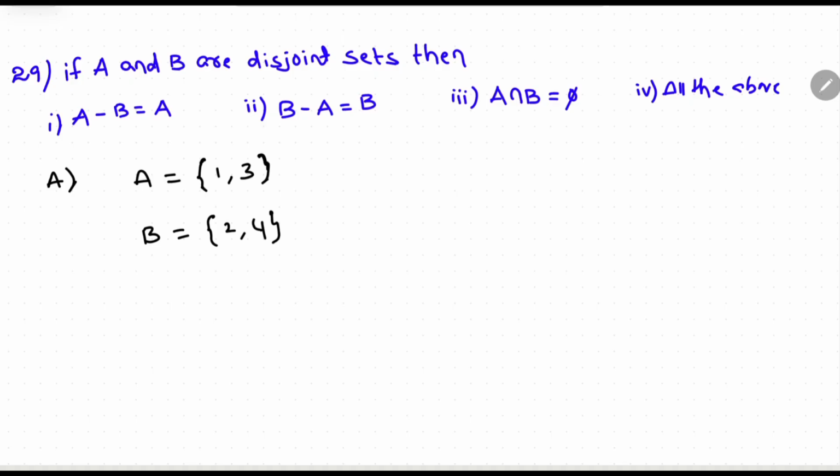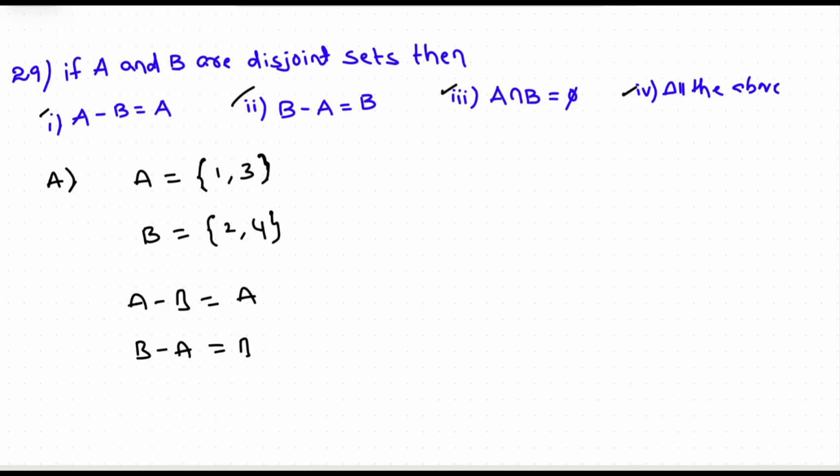Now what is the A minus B value? As we don't have any common portion, we will get A. What is B minus A? We will get B. So we got A, B, answer C. So all of the above is the perfect answer.